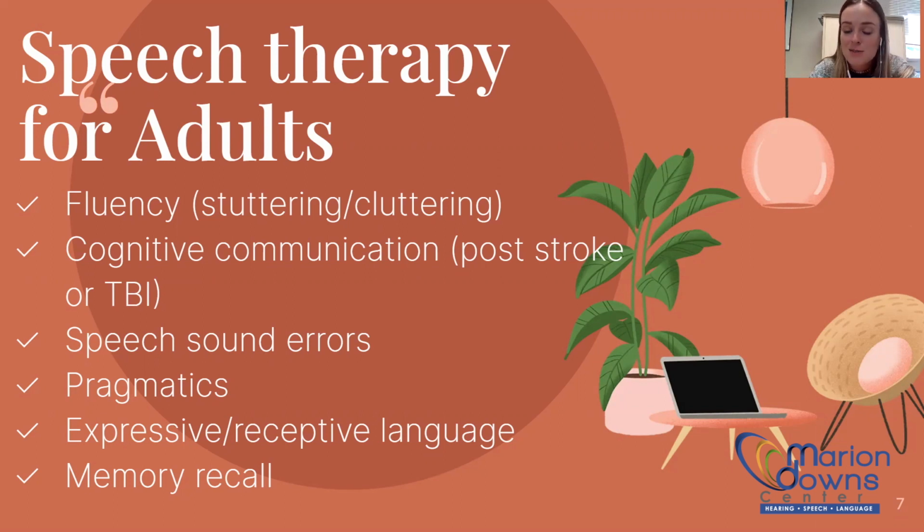Expressive and receptive language, we've talked about that one. And then memory recall, some of those strategies to help make sure, if there is memory loss stemming from whatever it may be, really practicing some strategies to help maintain safety and ability to complete daily activities as independently as possible.